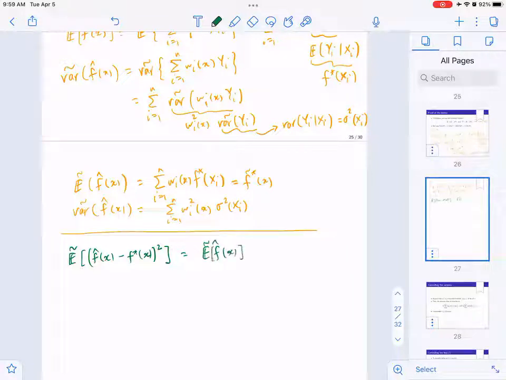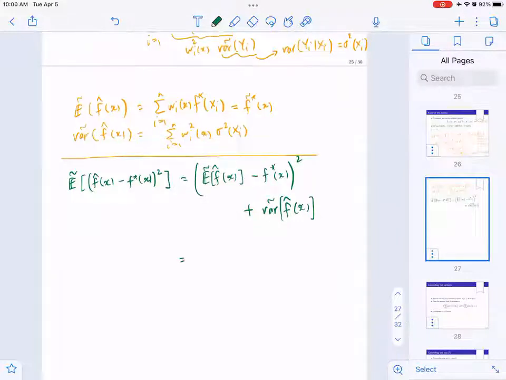So this is the expectation of this minus f star squared, plus f hat minus the expectation squared, which is the variance. So you get variance tilde of f hat x. That's the bias variance decomposition. So bias squared, this is the conditional bias squared, plus the conditional variance. There is a step in the proof, but I'm assuming that you remember it. You do it once, you use it many times.